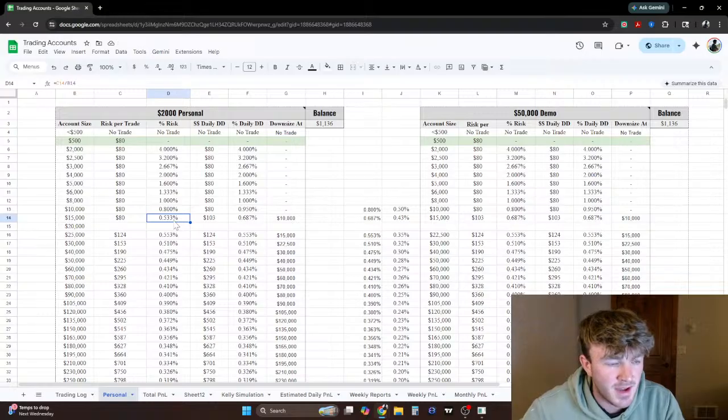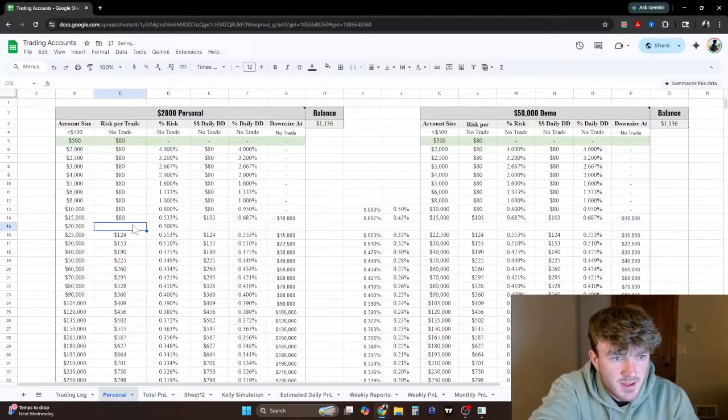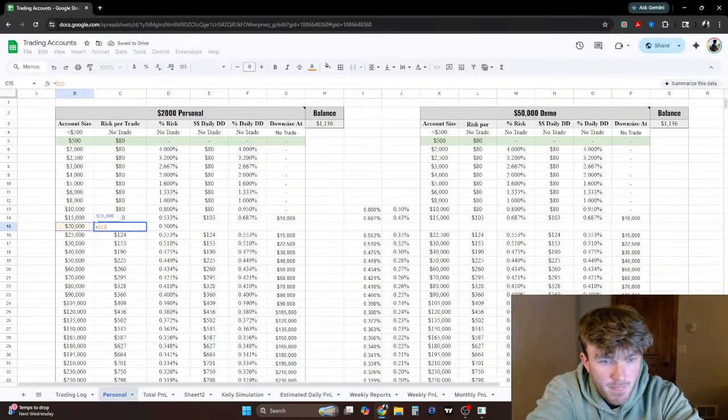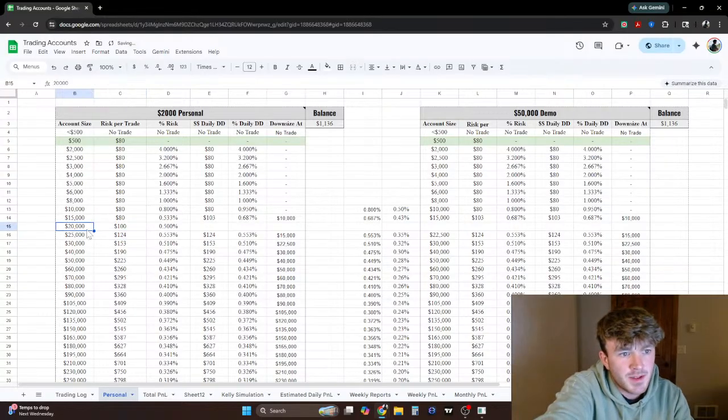Actually, this might work. What is 0.5% times 20,000? Okay, so when we get to 20,000, it's going to be 100. This is going to work perfectly.